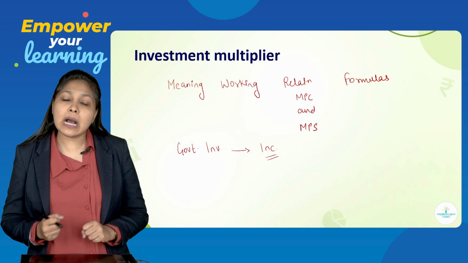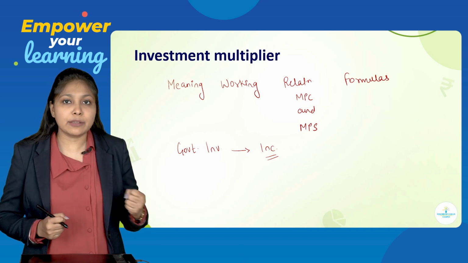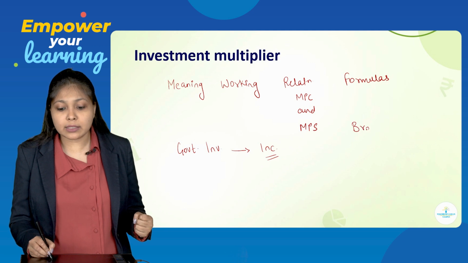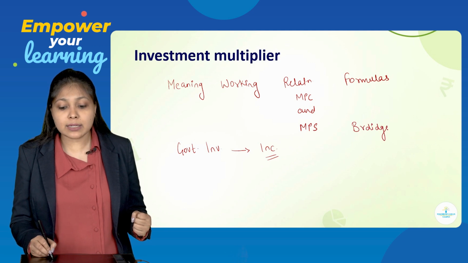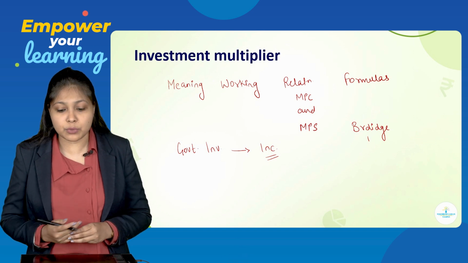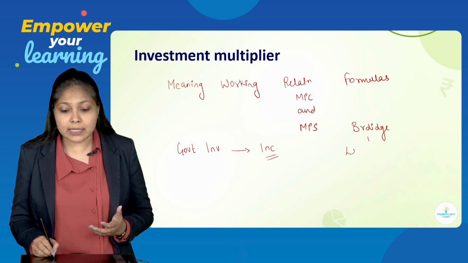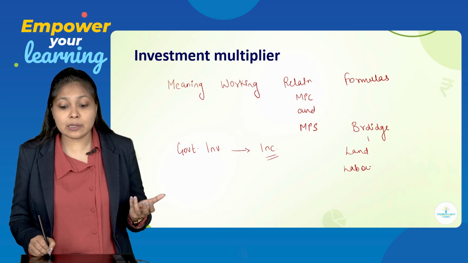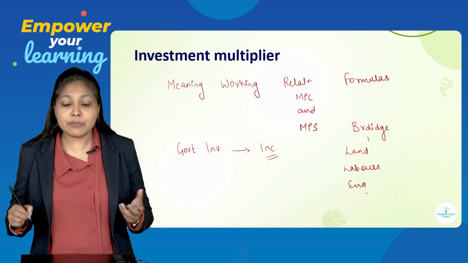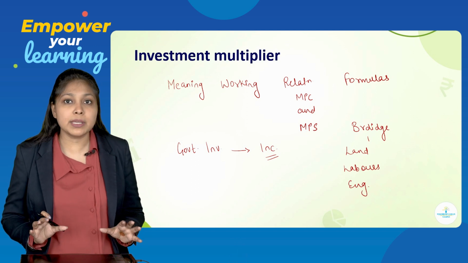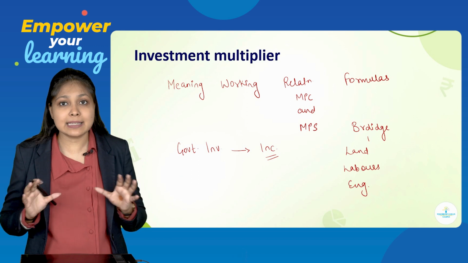Whatever investment the government is doing in the economy will help increase the income of people. How? When the government invests in different projects, say the government wants to construct a bridge, it is going to require n number of resources. The government will need land, laborers, and engineers. Everybody will get paid for that. We have already studied that economics is about finance and capital.